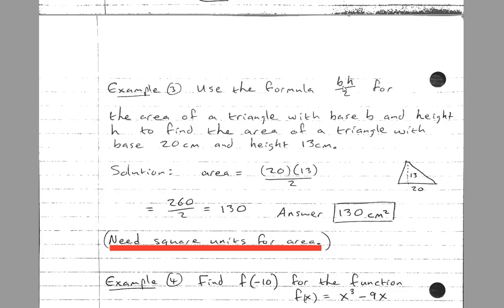Here we're evaluating this formula when B is 20 and H is 13. So the number is 130, and don't forget to get the units right. For area, you need square units. So 130 square inches. No, the units here are centimeters, so 130 square centimeters.